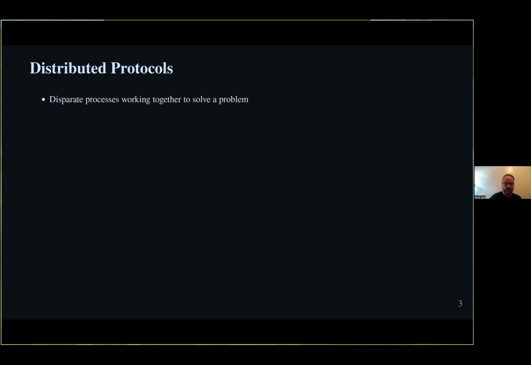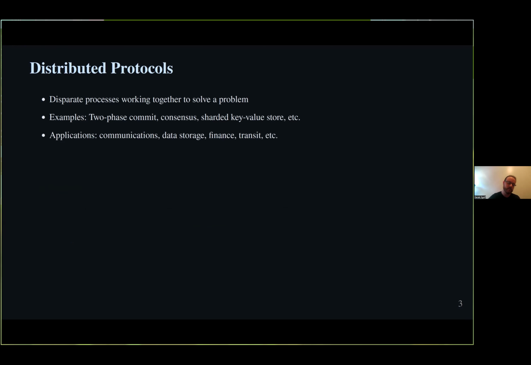As many of us probably know, these protocols facilitate disparate processes working together to solve some problem. Examples include two-phase commit, consensus, sharded key value stores, etc. The applications are pretty broad. These things are seen in communications, data storage, finance, transit. So that is to say that they're ubiquitous.